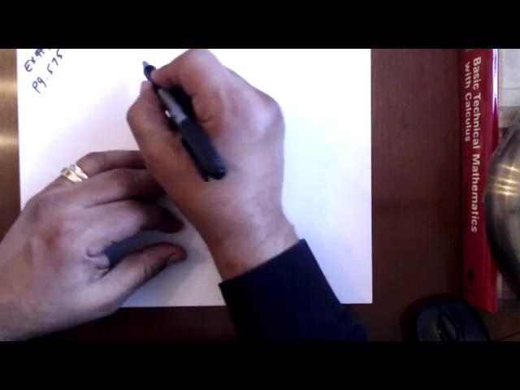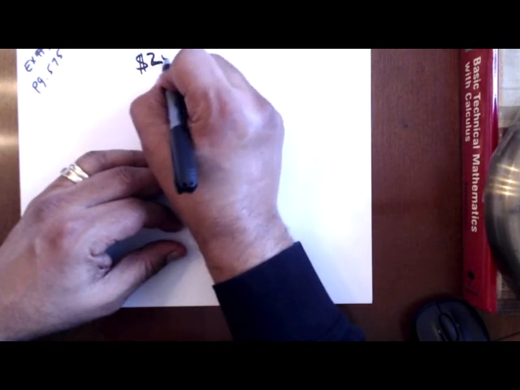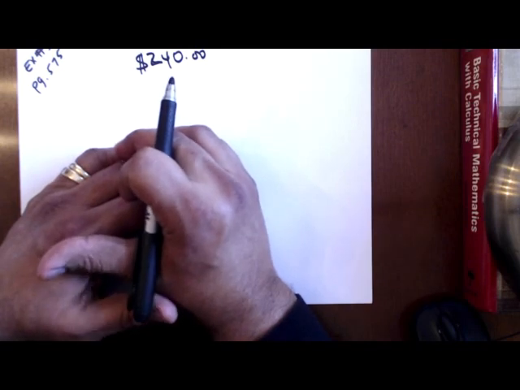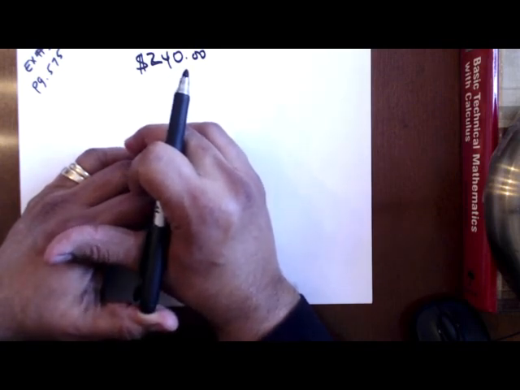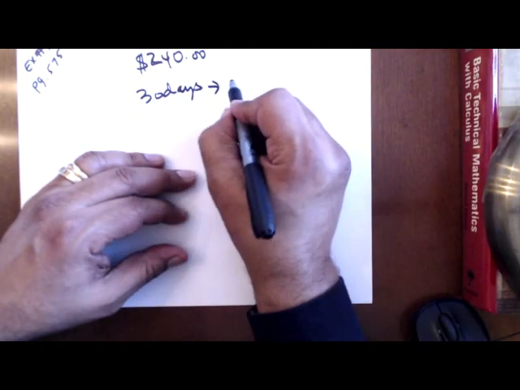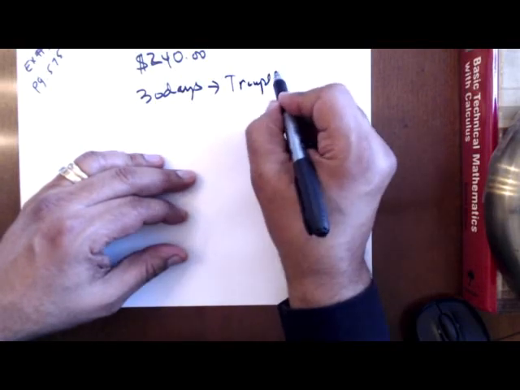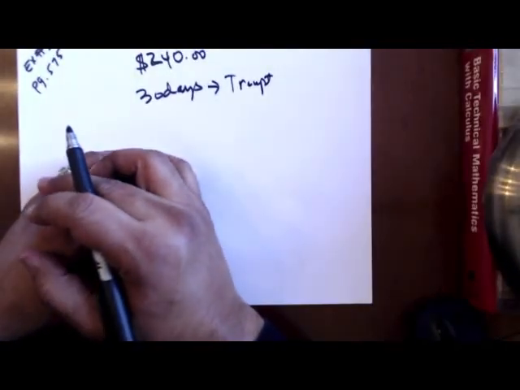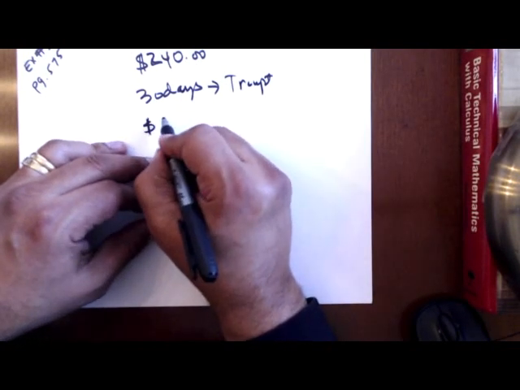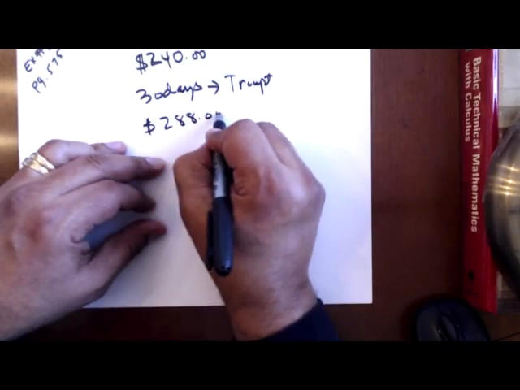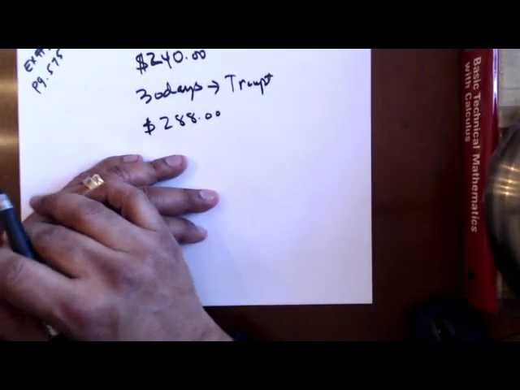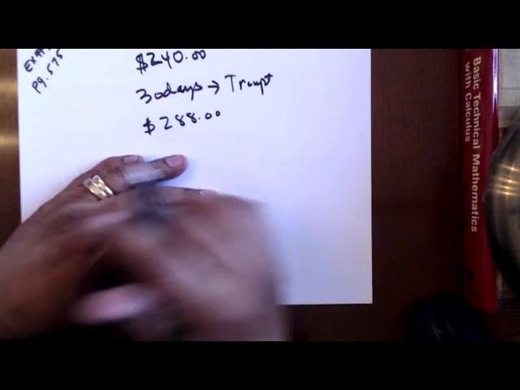Gilbert borrowed $240, and after 30 days, he gets back his trumpet by paying the pawnbroker $288. And the question is, what annual rate of interest did Gilbert pay?